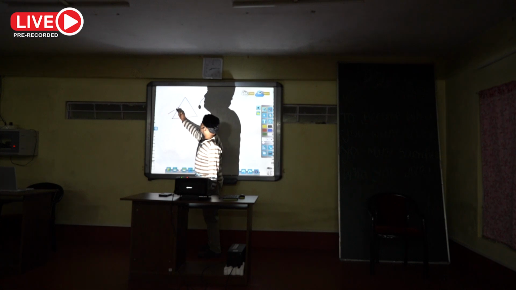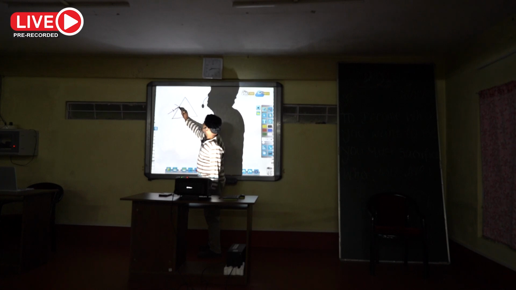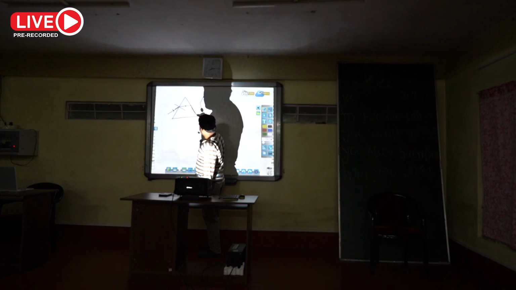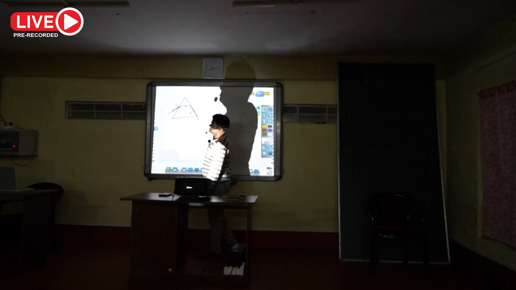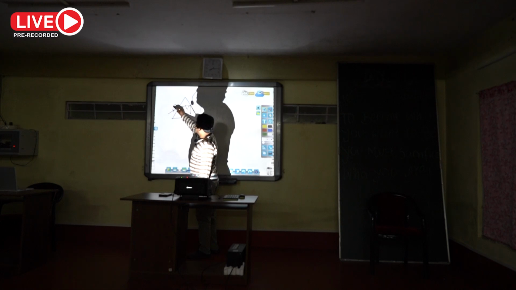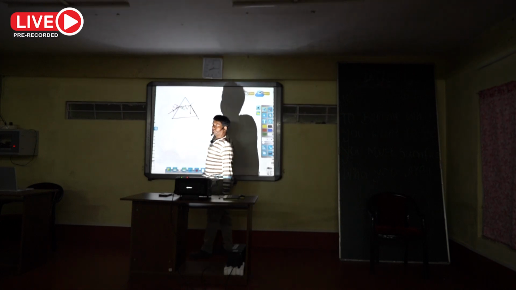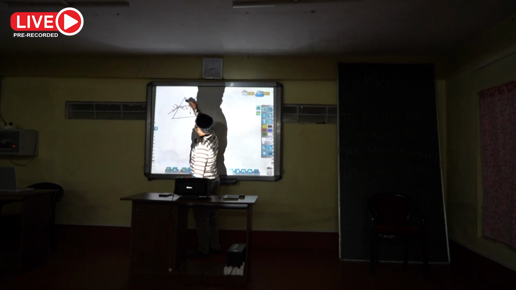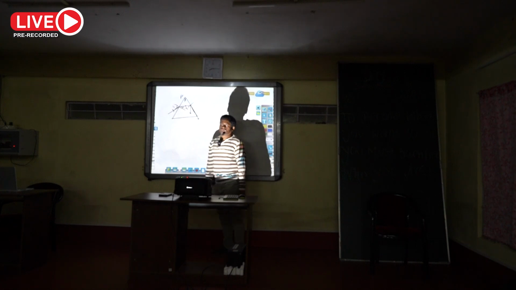A monochromatic light ray is falling on the prism. It enters the prism and no light ray can come out from the second surface. Like this. Here we can consider R1, here is the normal, so it is R2, it is I1. Now the angle of the prism is A, and the refractive index of the material of the prism is mu.